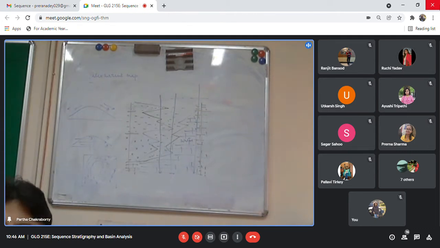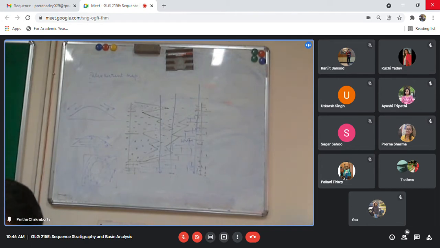So these are the different techniques people follow, and by that they try to understand the different roles played in sediment distribution, what the pattern of sediment distribution is, whether there are multiple depositors or a proximal to distal relationship.